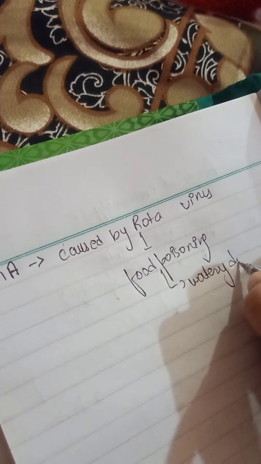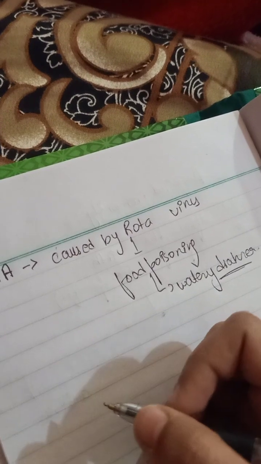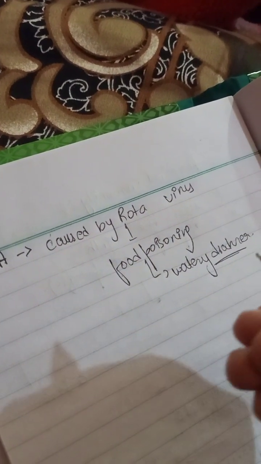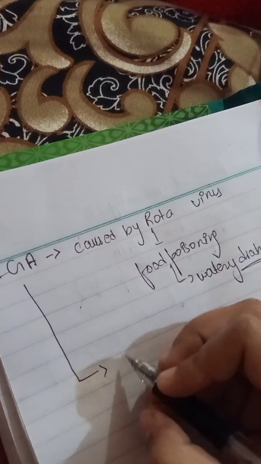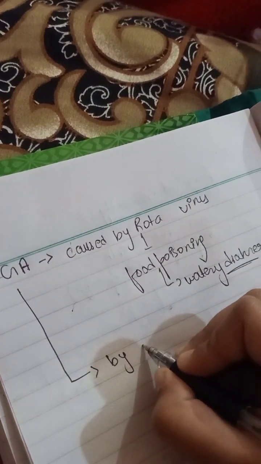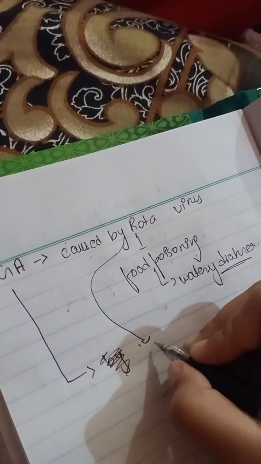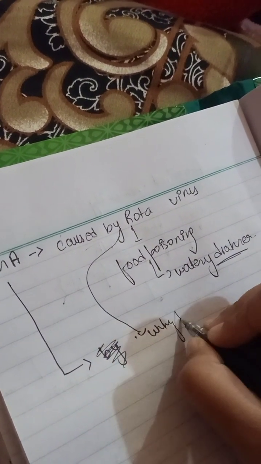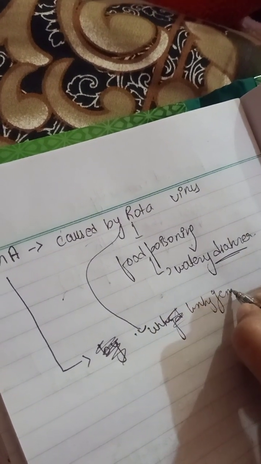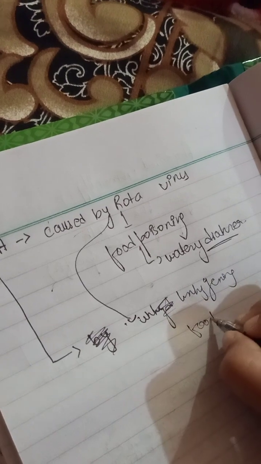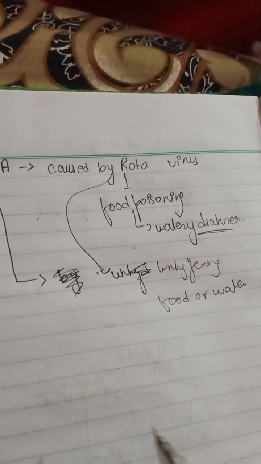Rotavirus is transferred through unhygienic things, like food or water.